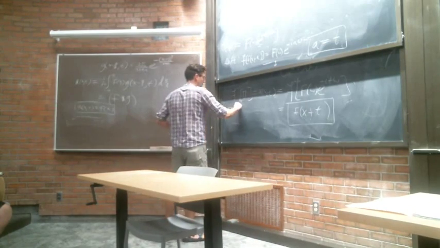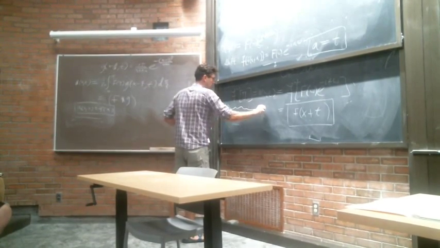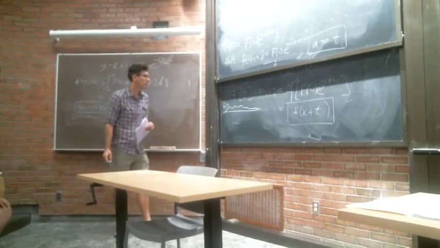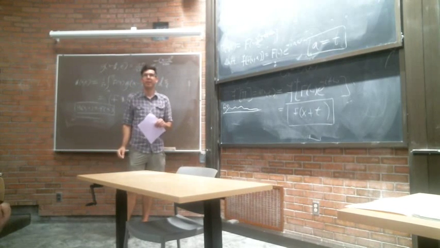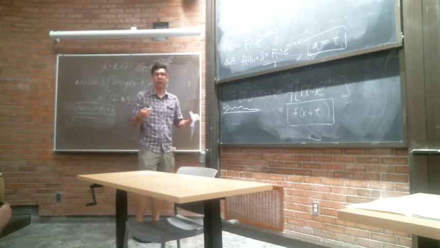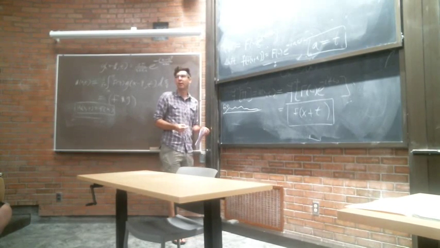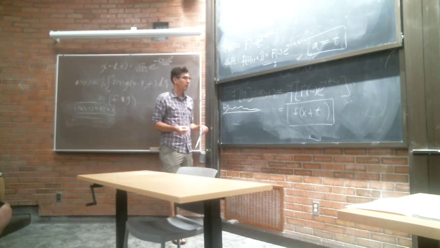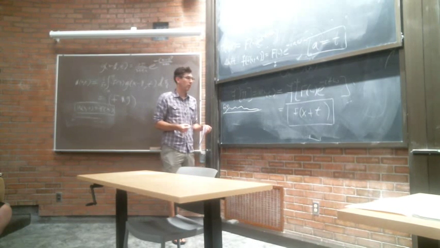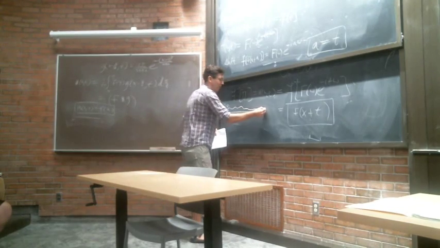So you have your initial condition for your PDE. What's going to happen in time? It's just going to translate. Is it going to translate left or right? As time goes forward. Good point. You never know.